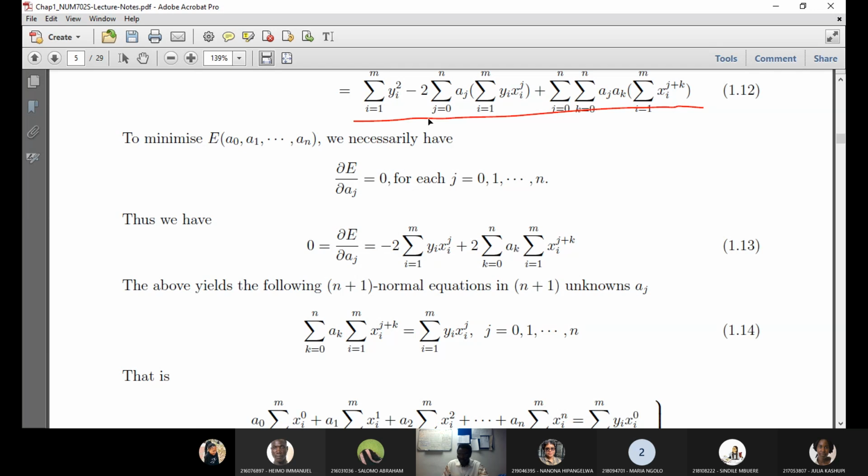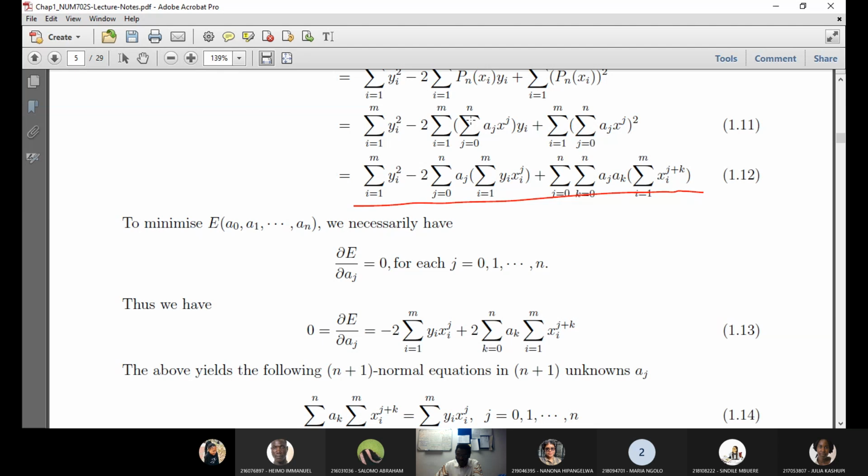You take this expression 112 and differentiate it with respect to a sub j. I want you to be able to obtain this result. Don't just look at the result, but make sure that you can actually obtain the same result. You only learn by doing.